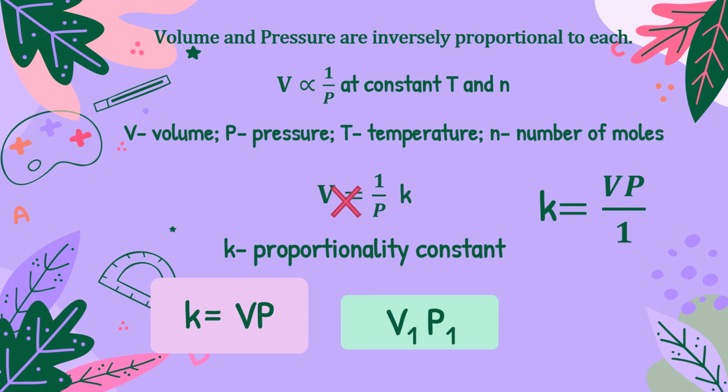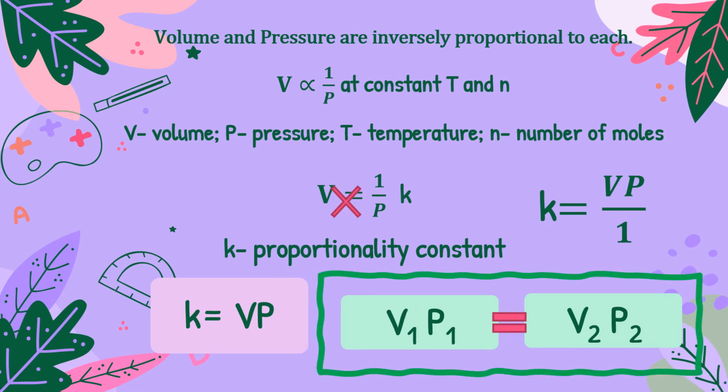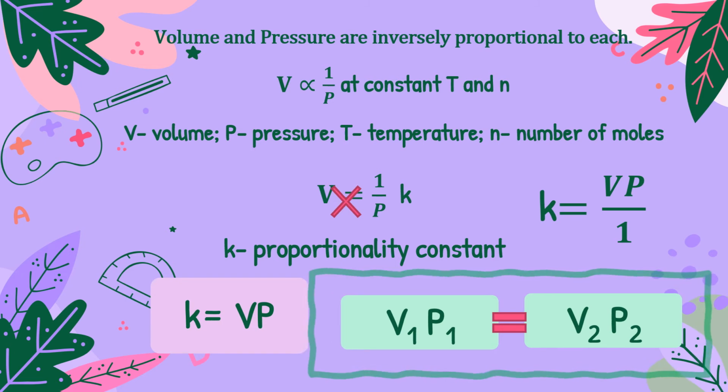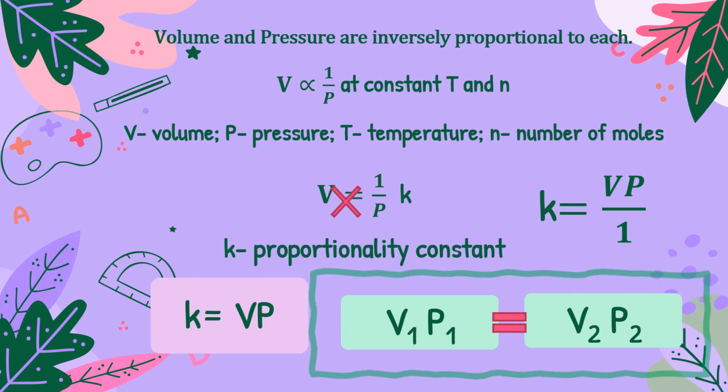Now if a change happens between these two, they will still have an inversely proportional relationship. So for Boyle's law, we will come up with this equation, wherein the product of initial volume and initial pressure is always equal to the product of final volume and final pressure. Now let's use this equation to solve our problem showing Boyle's law.